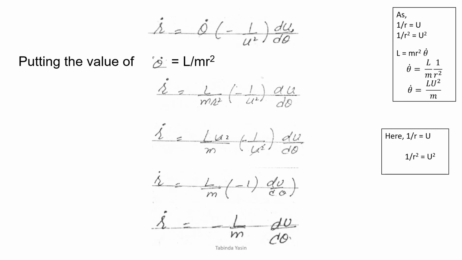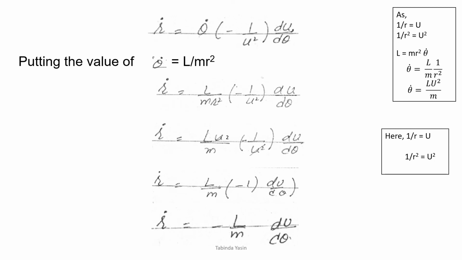We know that angular momentum is L equal to m r square theta dot. From here we get theta dot equal to L over m r square. So substituting that value, we have r dot equal to L over m r square into minus 1 over u square into du over d theta.